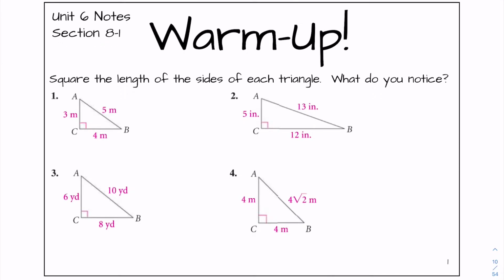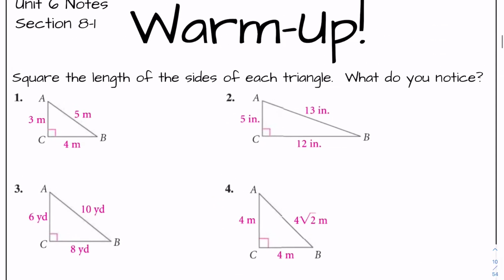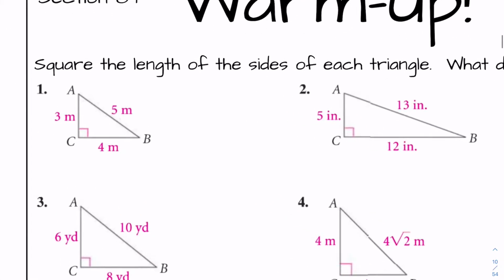I'm going to do the warm-up today because it should be pretty quick. So square the lengths of the sides of each triangle. What do you notice? Let's see, 3 squared is 9, 4 squared is 16, and 5 squared is 25.